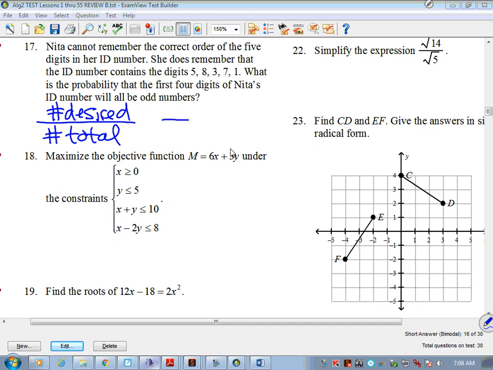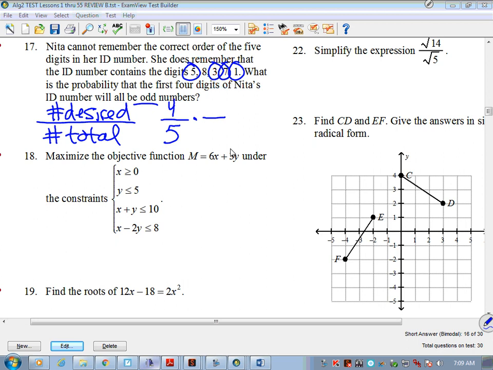All right, so we know that there is a total of 5 digits. Okay, but how many of them are odd? Okay, well, odd numbers. So we got 5, 3, 7, 1. Okay, so you know the probability on that first one is actually 4/5.